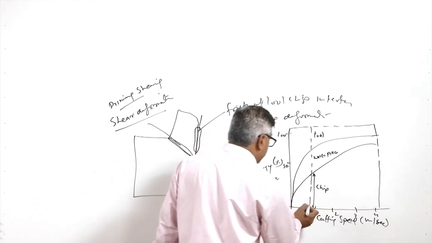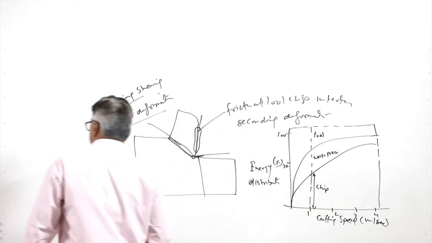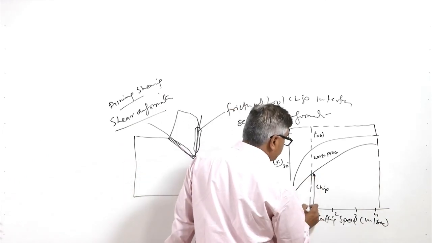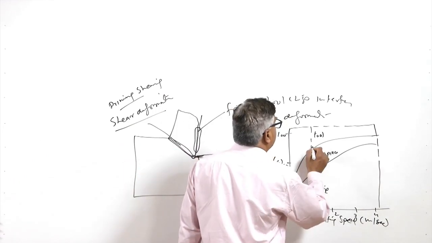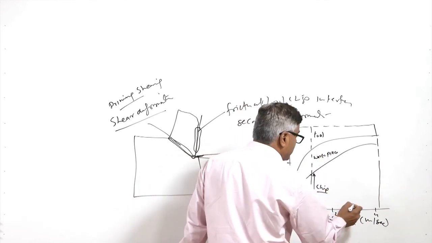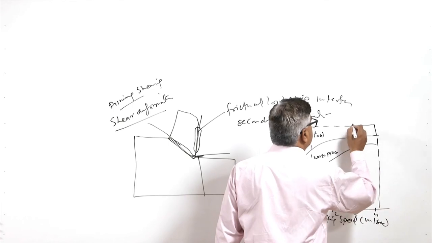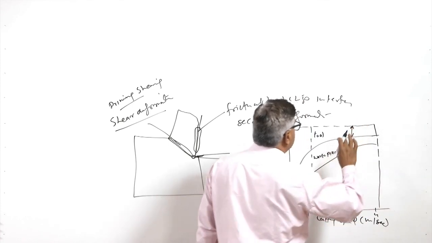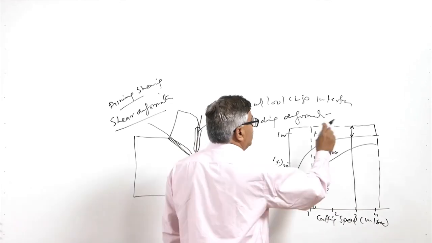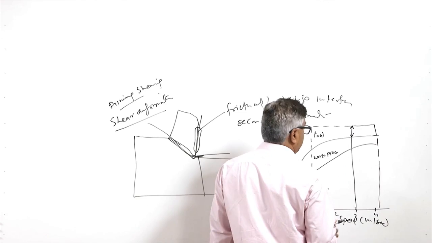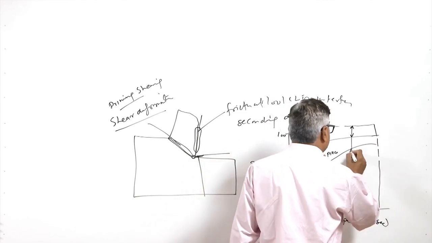So, at low speed the energy going with the chip is very less, and more with the tool as well as more with the workpiece. With increase in speed, the energy being taken away by the tool is less at high speed, while more will be going with the chip.